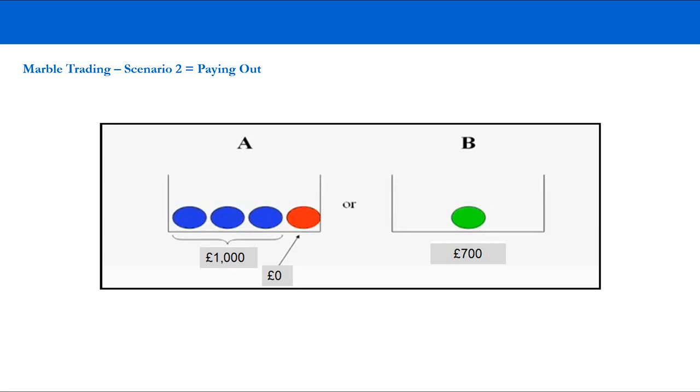Grab your pen and paper. I'll give you 30 seconds. Write down scenario 2, paying out, and then underneath the title, write box A or box B. I'll give you 30 seconds to make your decision from now.